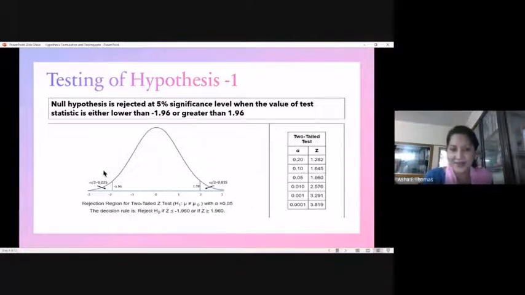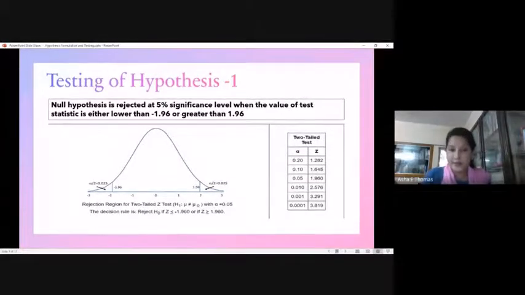And the remaining region is represented by the formula 1 minus alpha. That is the representation for this part.